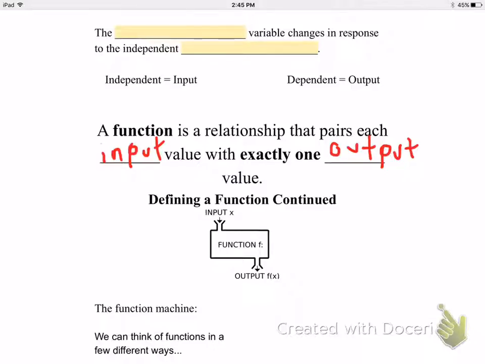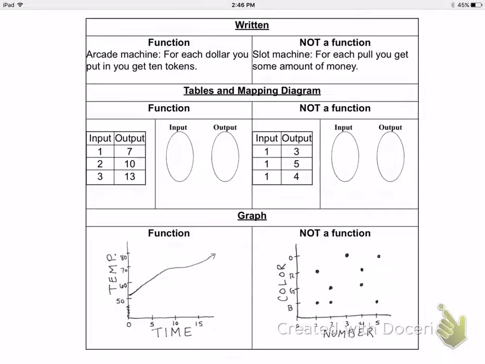We can think of functions in a lot of different ways. One way is written. On the left-hand side, we're going to have things that are functions, and on the right-hand side, things that are not functions. If we look at written functions, we can think of an arcade machine. For each dollar you put in, you get 10 tokens. It's a function because it's reliable. Every time you put in a dollar, you get 10 tokens.